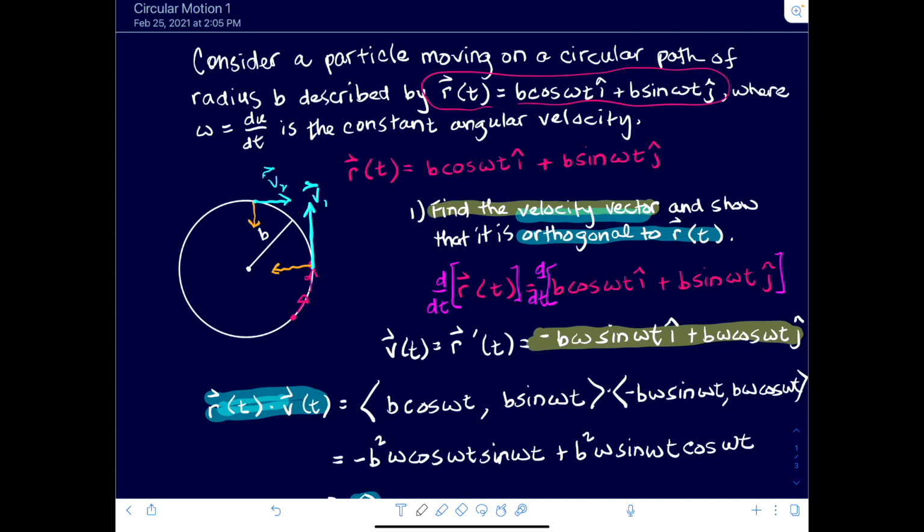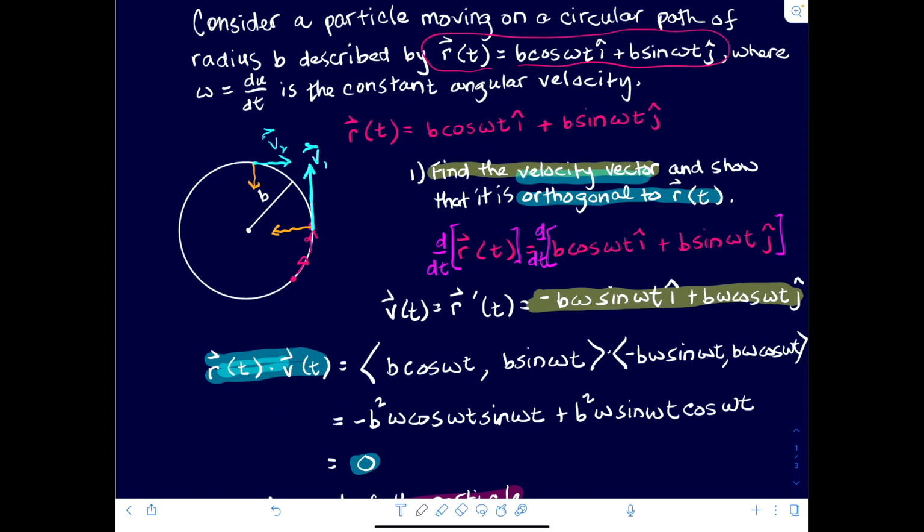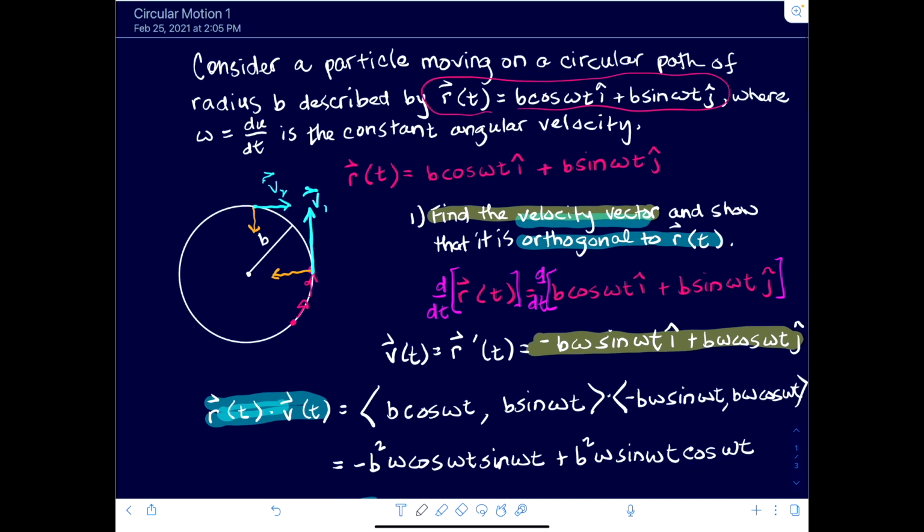And we've also found out that our acceleration vector is always pointed towards the origin or the center of our circle. And so now that's our first part of our circular motion. And go ahead and look for circular motion part 2 if you want to see a particular example.